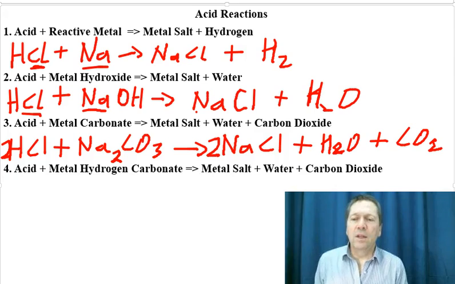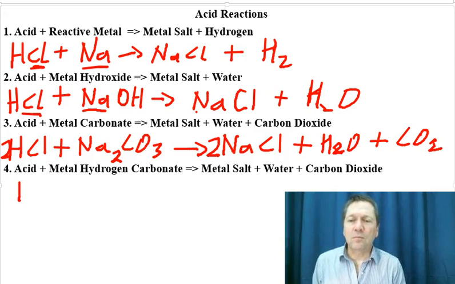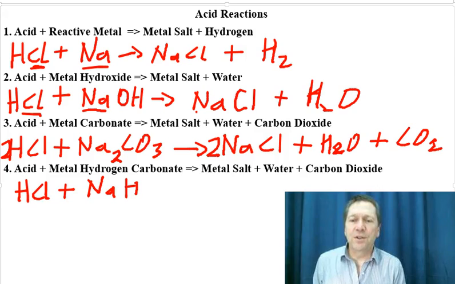Okay, the last one we're going to do is an acid plus a metal hydrogen carbonate. Now that's a bit of a mouthful, but it's actually almost identical to the previous one. So let's try this one. We've got HCl plus, we'll stick with the easy one, NaHCO3. So that's a metal hydrogen carbonate.